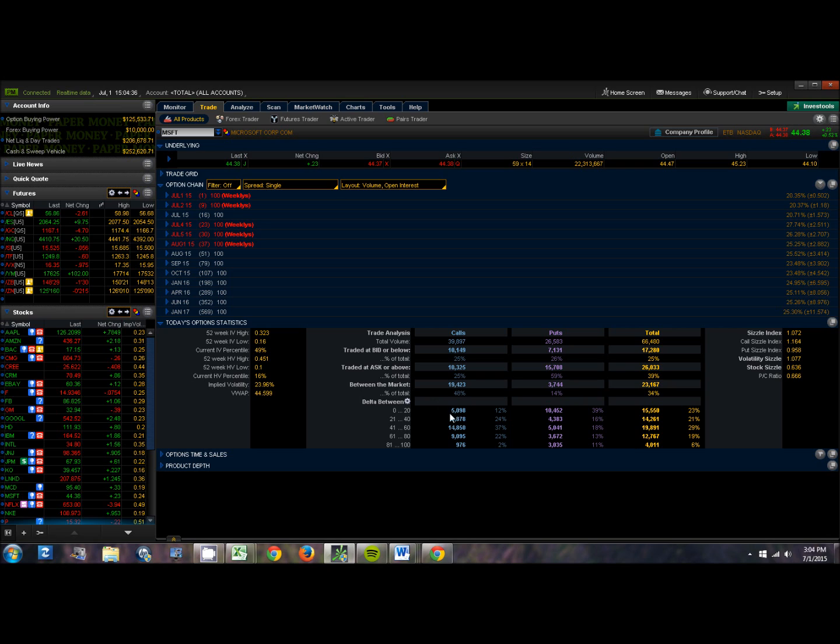So all I want to show you right now is this one right here. Implied volatility, 23.96%. That is the implied volatility that the market is projecting for Microsoft based on the Black-Scholes option pricing model. It is literally that simple to figure out in the Thinkorswim software.